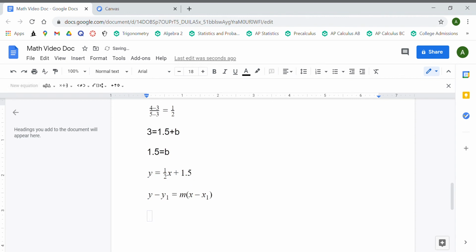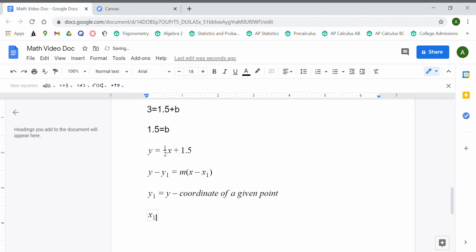So let me explain. m continues to be the slope here. However, y1 is the y coordinate of a given point, and then x1 would be the x coordinate of a given point.